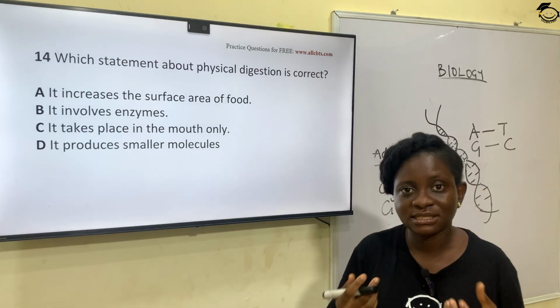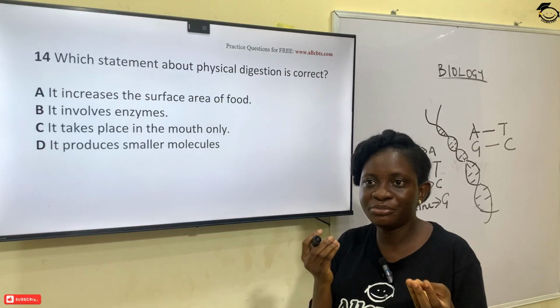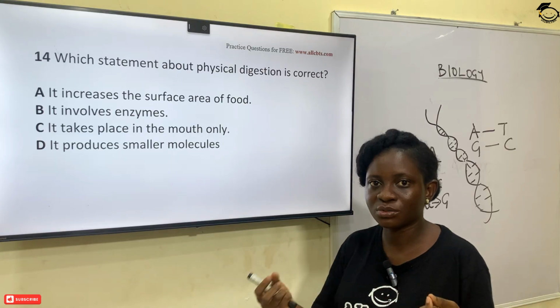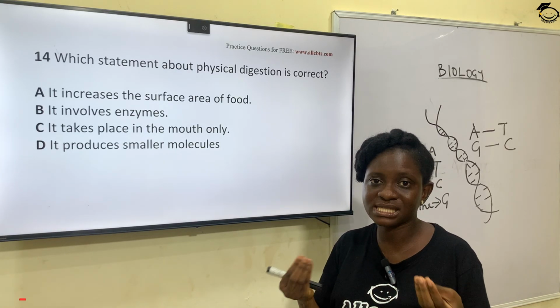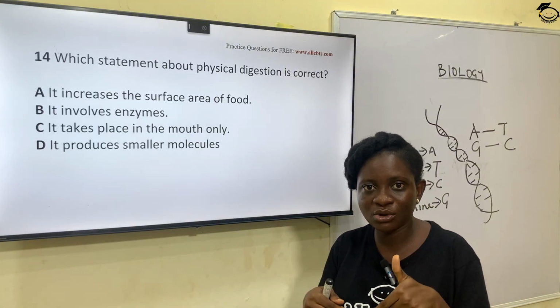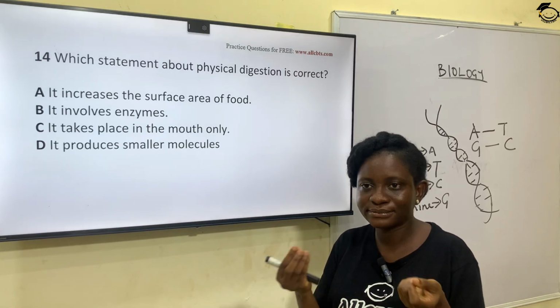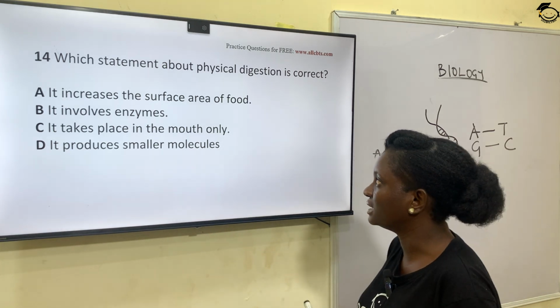Like I said, physical digestion involves chewing to break food into smaller pieces. It's the same molecule, but you are just breaking it into smaller pieces to widen the surface area for proper digestion.